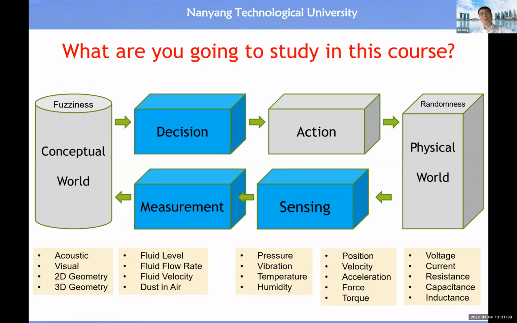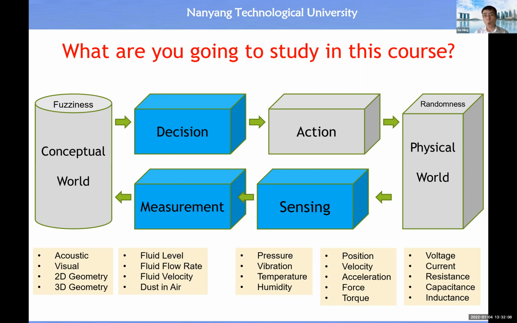Then the third question that you may have in mind is about what you are going to study from this course. Basically this course will cover the physical principles behind the design of popular sensors in the electronic domain, in the mechanical domain, in environmental systems, and in intelligence systems.